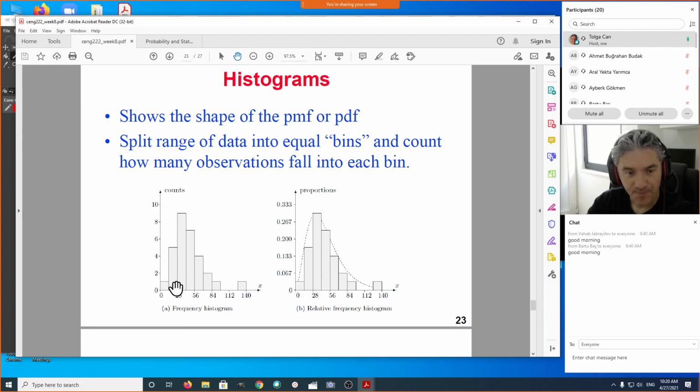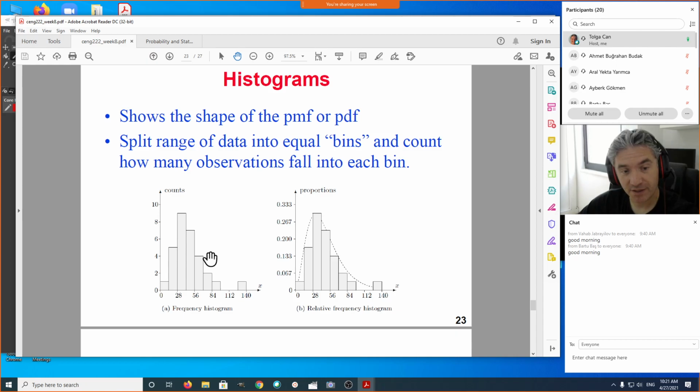As you can see, for example, between 42 and 56, there are 8 data points here. This histogram shows you how the data is distributed. It gives you an idea about the probability density function, or the PMF, depending on whether this is a discrete or continuous distribution. After that, you can normalize this.